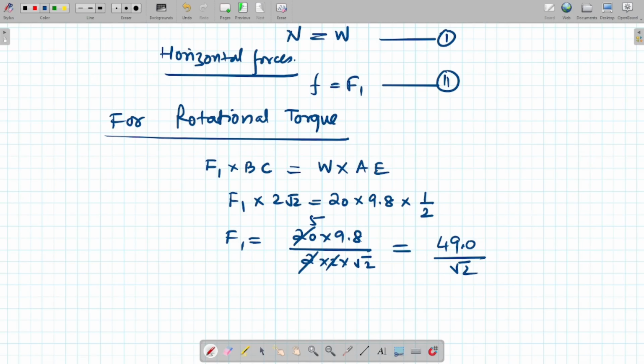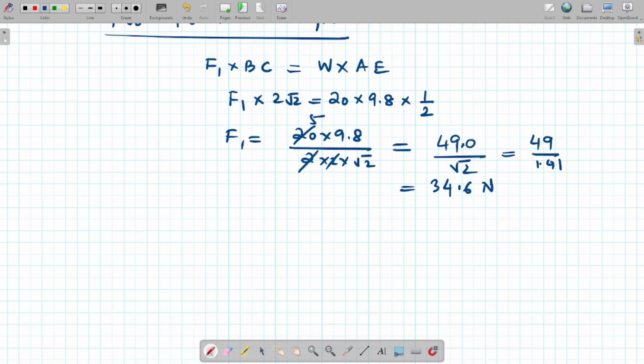What do you say? Okay, so this will come out to be, we can say 1.41 से इसको divide कर दो. So we will get somewhere around 34.6 Newton. Okay. So F, small f is equal to F1, which is 34.6 Newton. Is that clear? Yes or no?